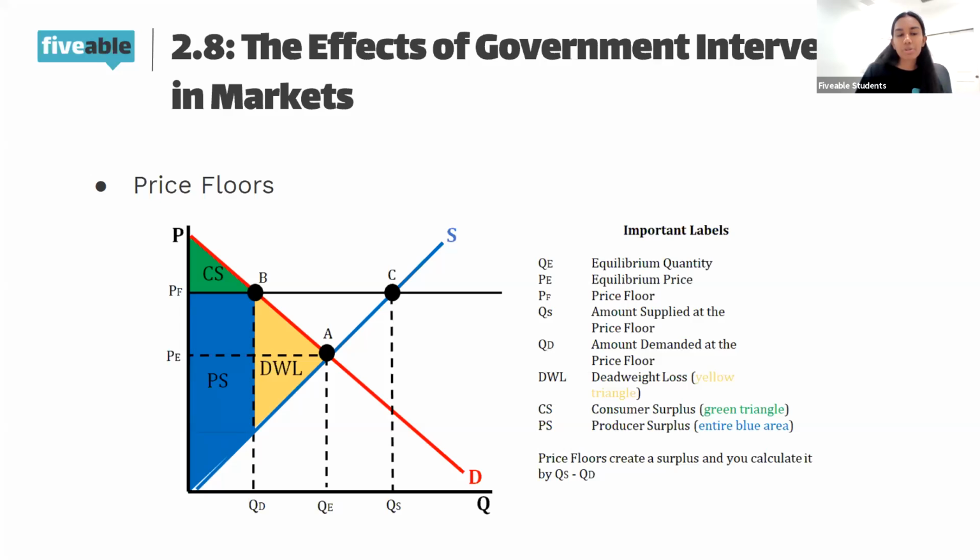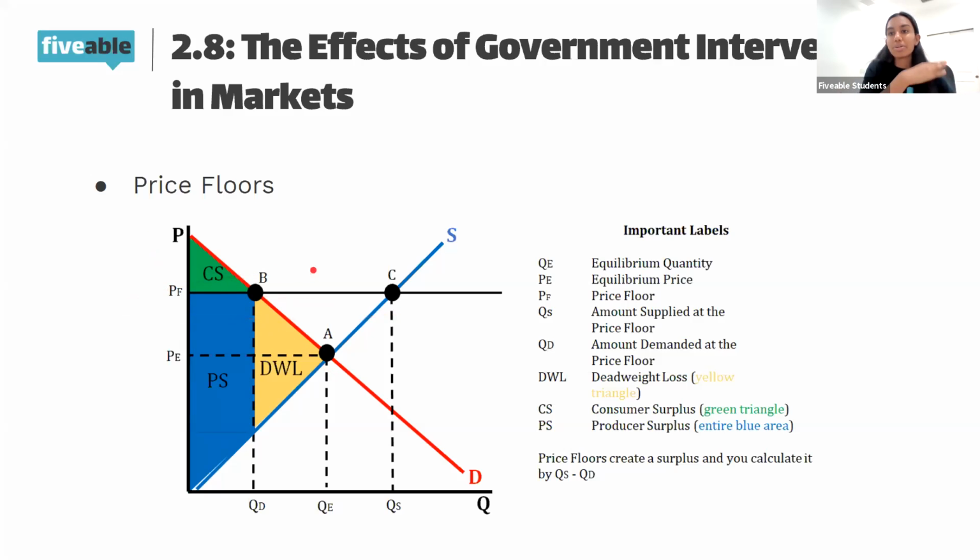An example of this would be farmers, who a lot of the time are not getting paid enough for their crops as they should be. So the government can step in and create a price floor and set a minimum which is higher than the equilibrium price to make sure that they're getting a higher price paid.